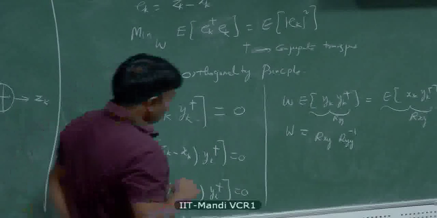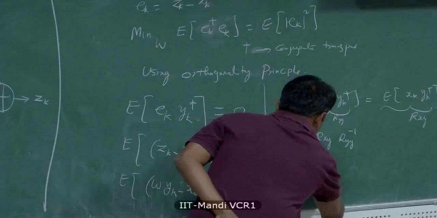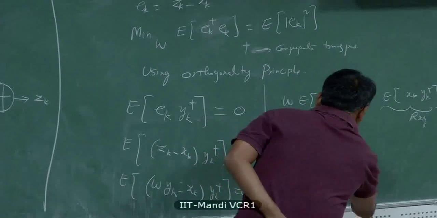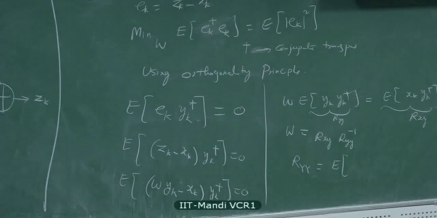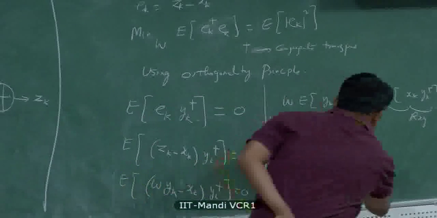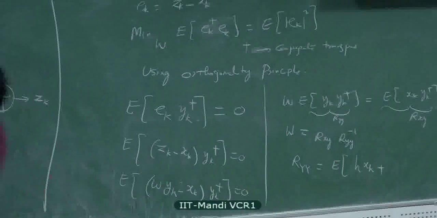Okay, let's expand what RYY is. We need to know what it is. Let's see what Yk is. Yk is H times Xk plus, we'll call this entire noise plus interference, Nk tilde.